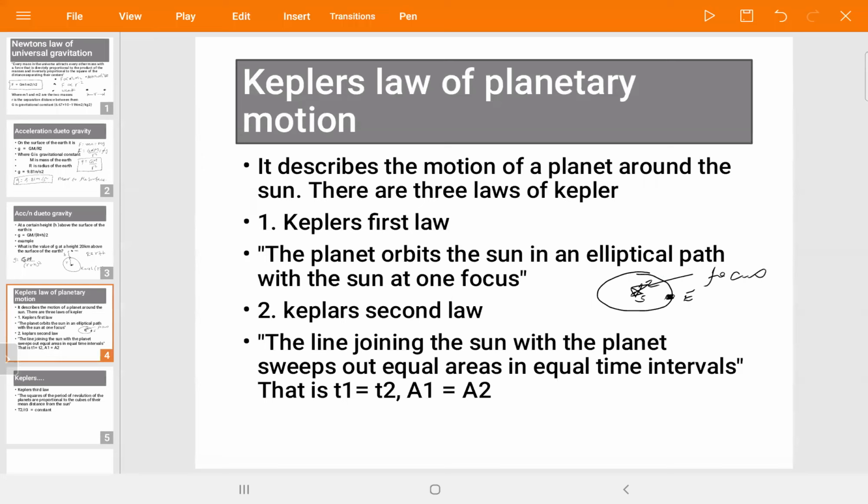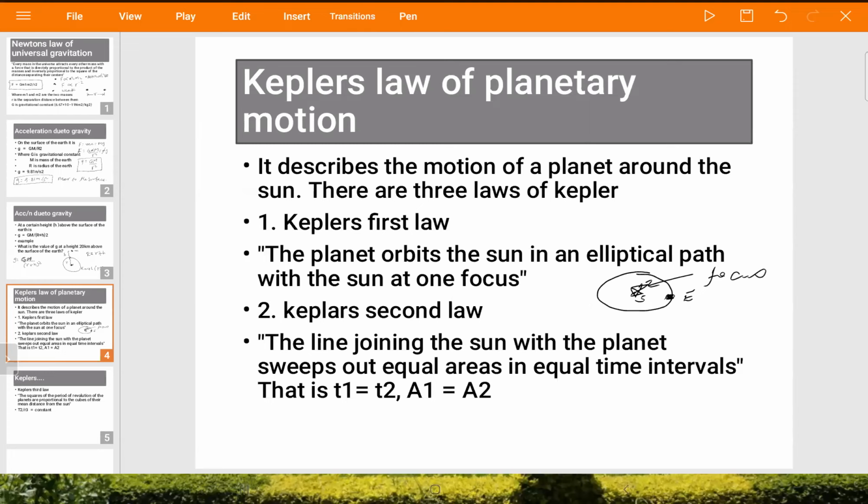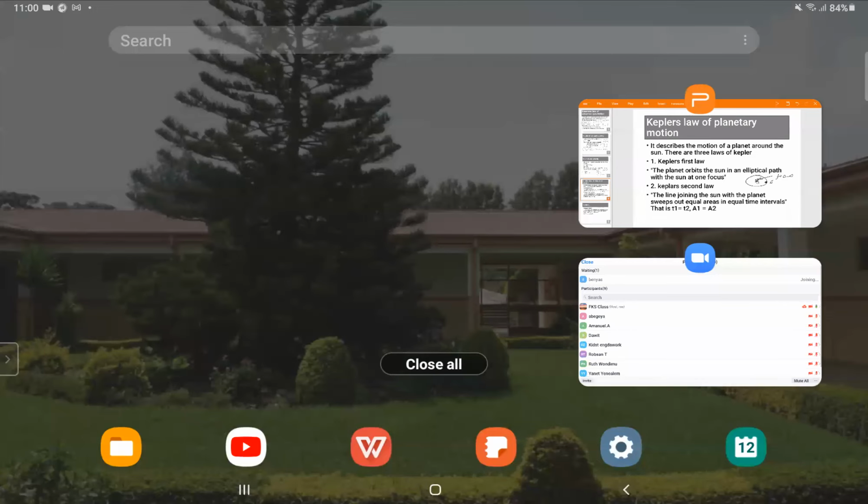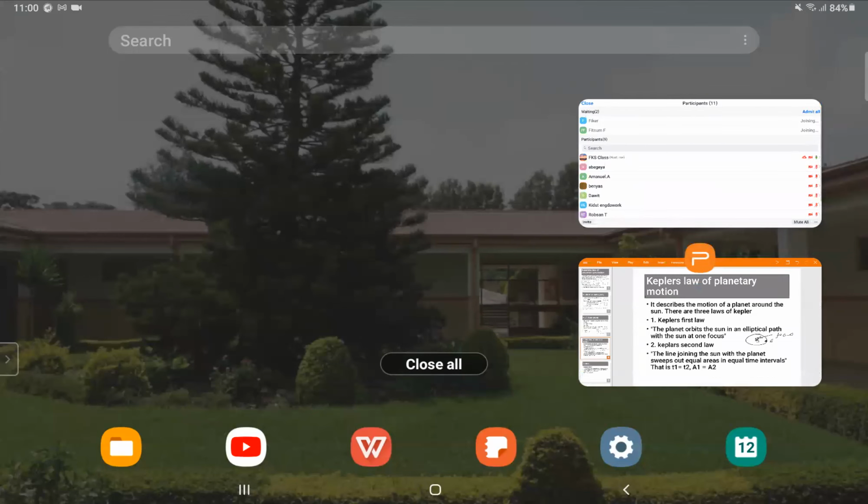Therefore, this situation that planets revolve around the sun is described by Kepler's first law. So Kepler's first law describes the path of a planet that revolves around the sun, and this law takes the sun as a focal point, and the path is not circular but elliptical.